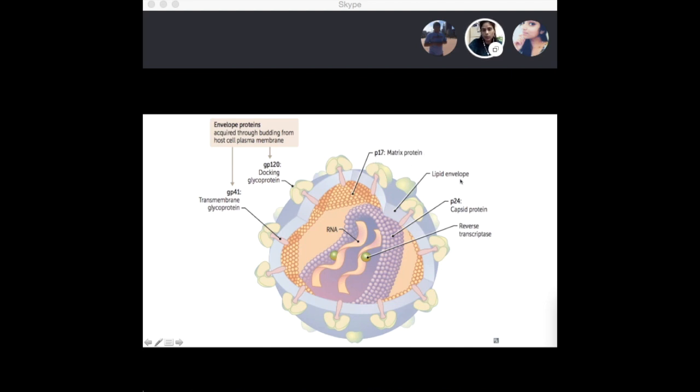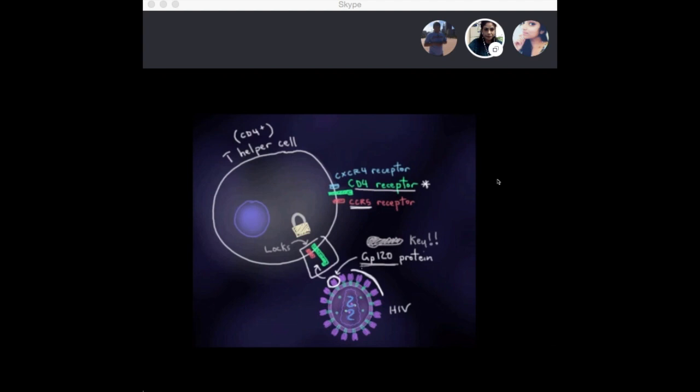P17 is a matrix protein, but P24 is a capsid protein, which is part of the nucleus, if you will, of the HIV viral particle. And then the reverse transcriptase, which is inside, is the key secret ingredient to making the RNA into DNA.